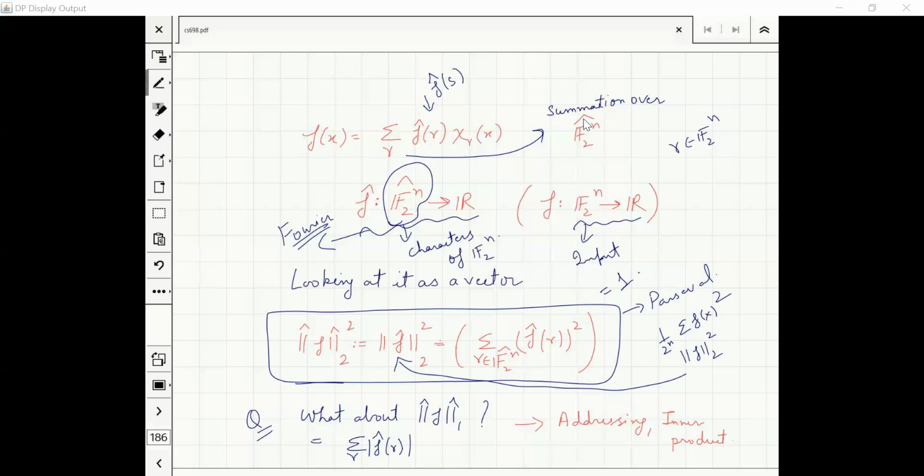Correct? Because the sum of f hat at gamma square was equal to 1. Now f hat at gamma is less than 1, as Udit pointed out, so the sum has to increase. Now it is greater than or equal to 1. How big can it get? Can you bound it using the 2 norm?